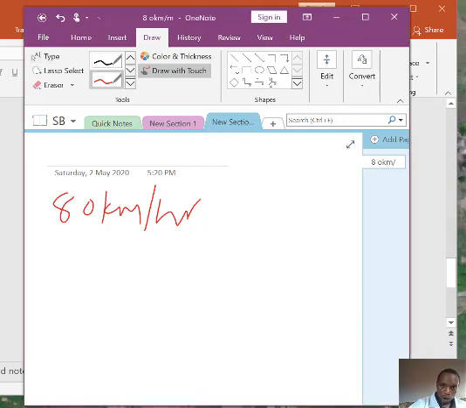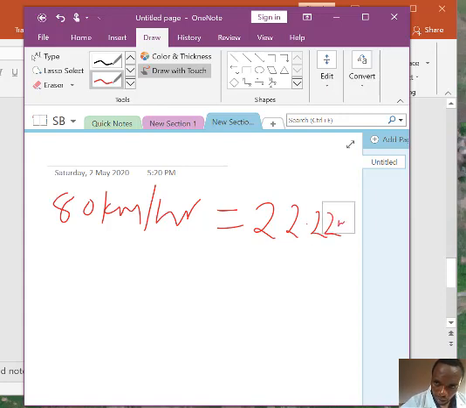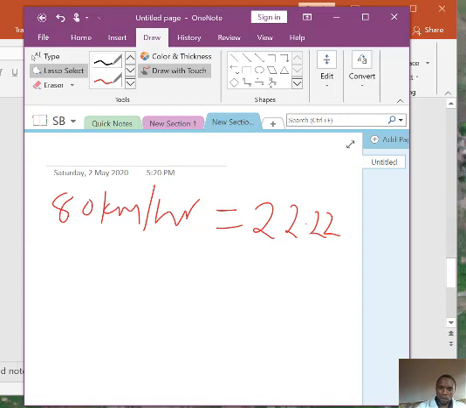This should give us something like 22.22 meter per second. Then after that, we can convert our 45 minutes to seconds as well. 45 minutes will be 45 times 60, which is going to give us 2700.